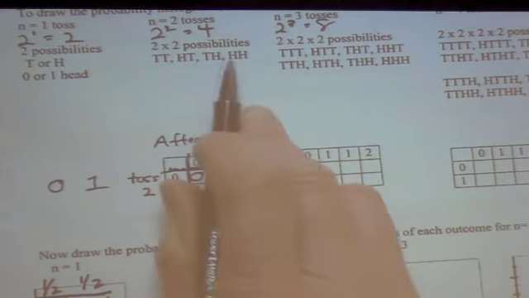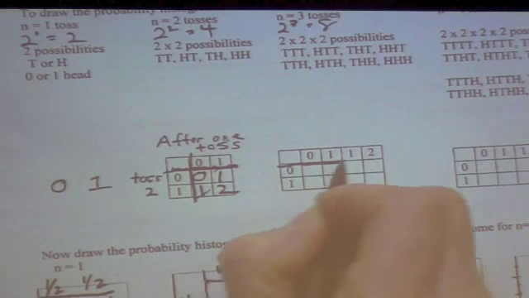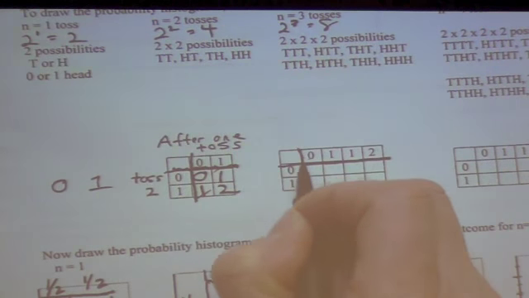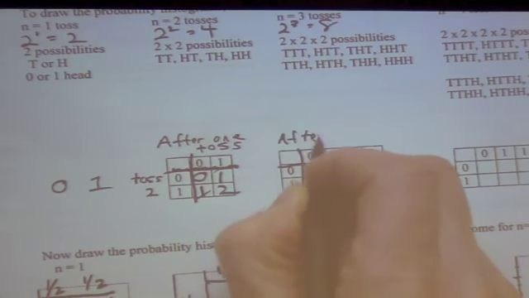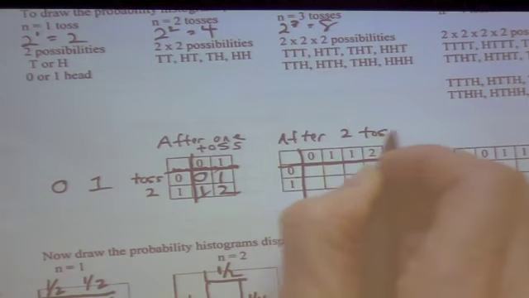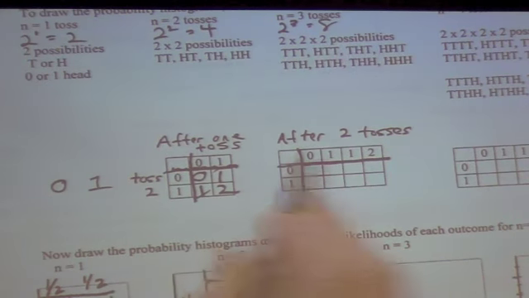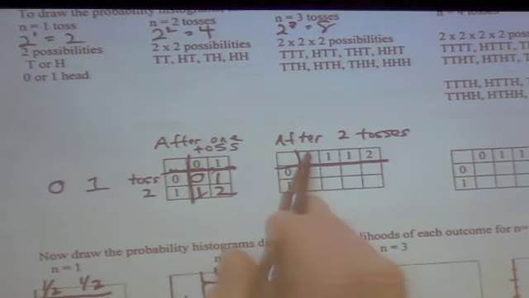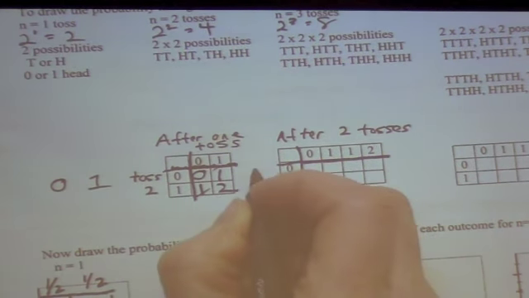So there's 4 possibilities with the tail added on right here. Take a look at the table here, this is after 2 tosses. This is what we had. There's 4. I just laid those out vertically. Here are our possibilities. And now here is our 3rd toss.